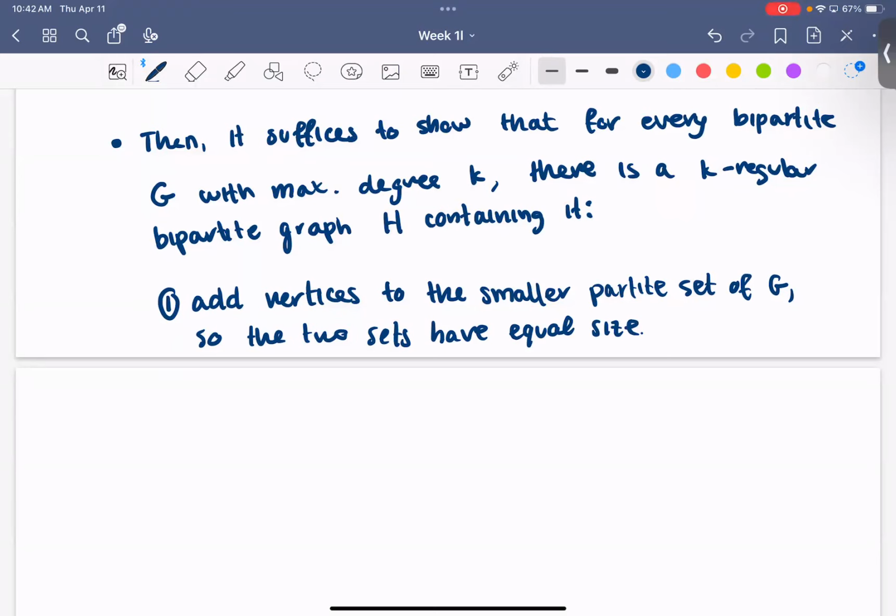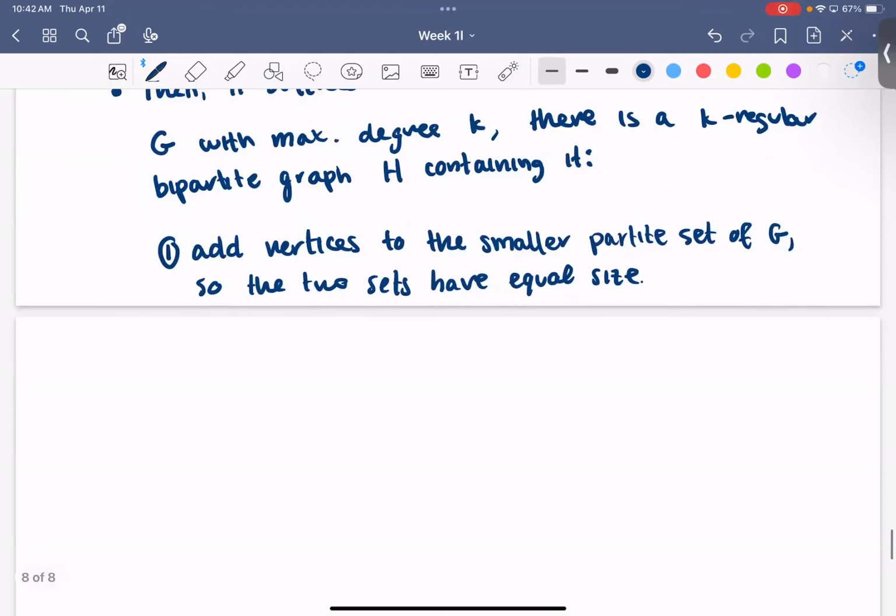Okay, so then this thing will not be regular. If we did add vertices, they currently have degree 0, so it's probably not going to be regular. So that means step 2, which we're going to iterate a bunch of times.